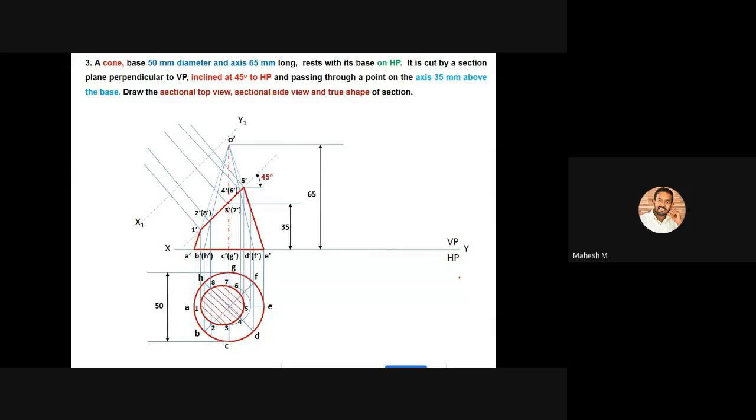So what is our next procedure? You have to measure the distance from the reference line to these points. So from the reference line to point number 1, and from the reference line to point number 8 and point number 2, then from the reference line to point number 7 and point number 3, and the reference line to point number 6 and point number 4, then the reference line to point number 5.